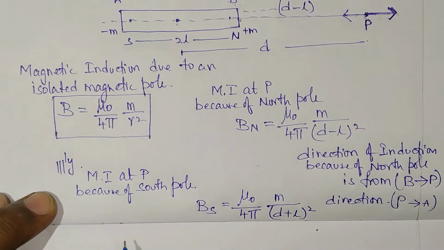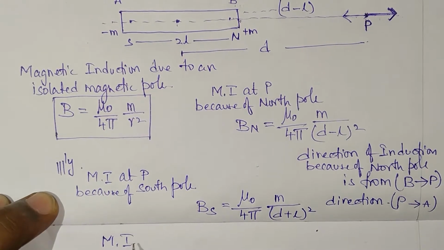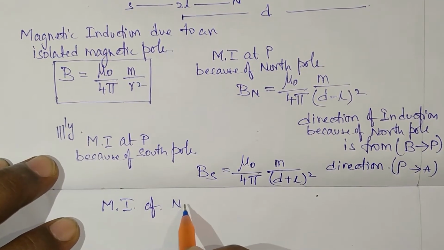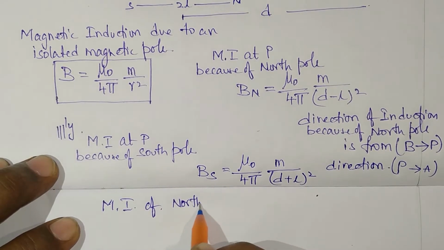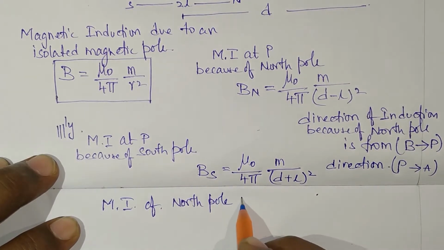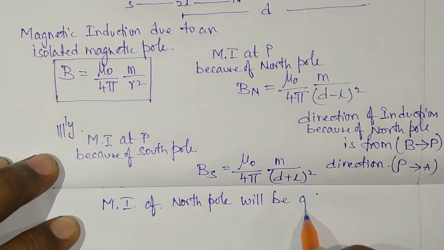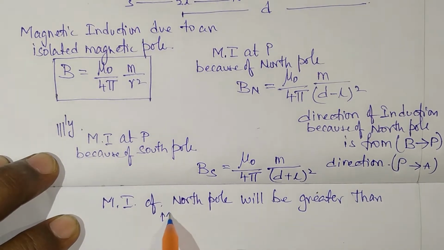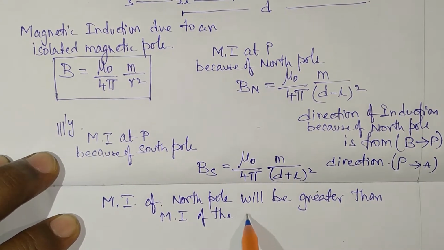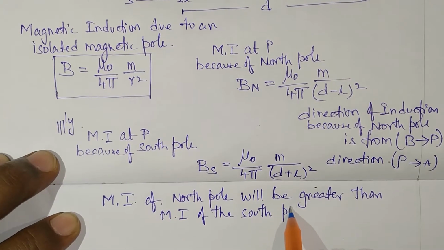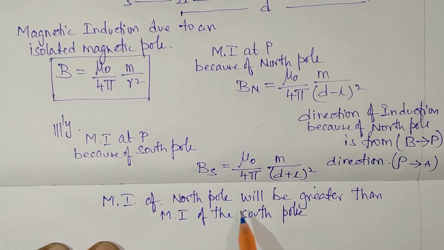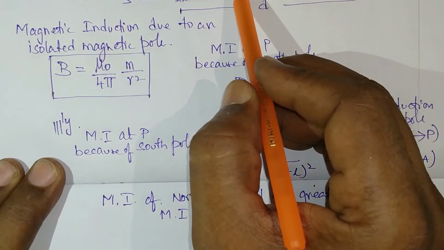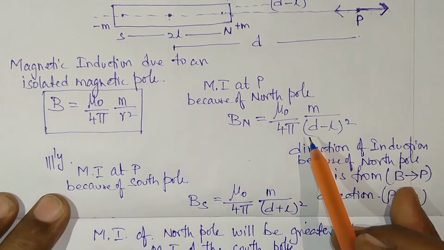So I will write: the magnetic induction of the north pole will be greater than the magnetic induction of the south pole. Why are we considering the magnetic induction of the north pole to be greater? Because P is a point which is very close to this pole.